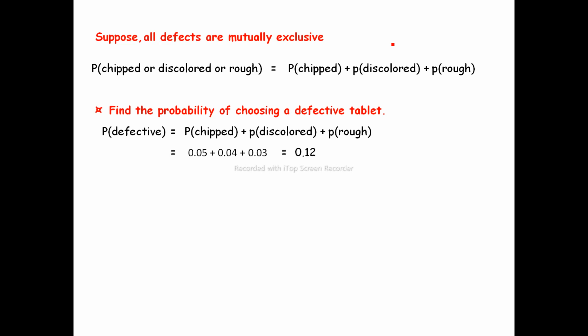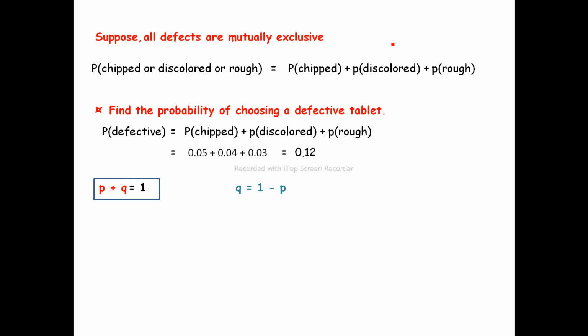So this is P. Our success over here is to get a defective tablet. Next, we know P plus Q equals 1, and Q over here is the probability of non-occurrence, meaning the probability of not getting a defective tablet.